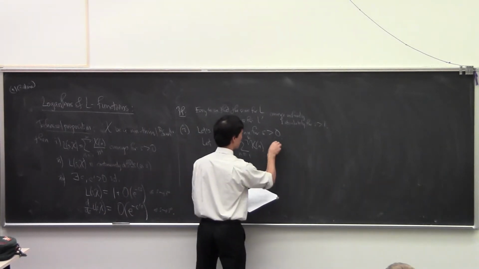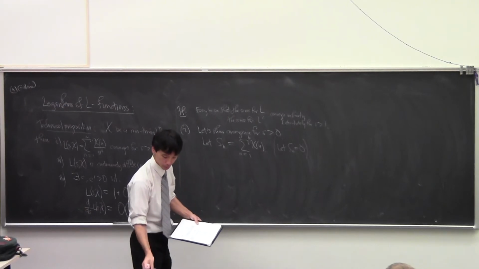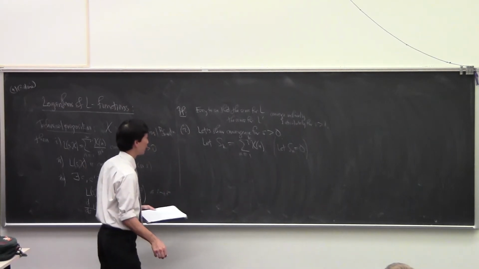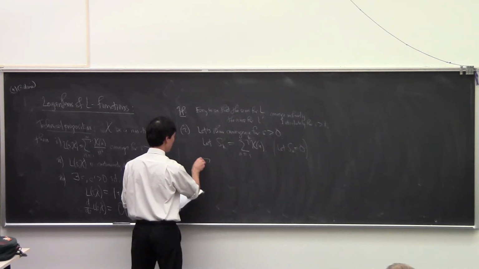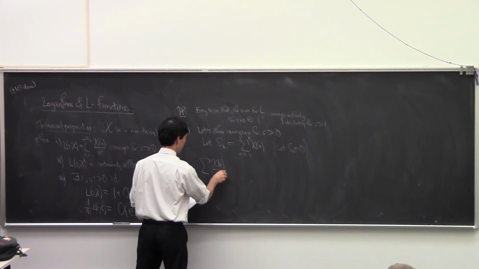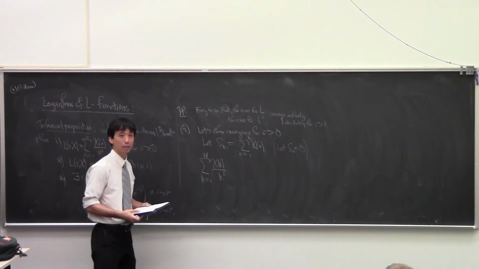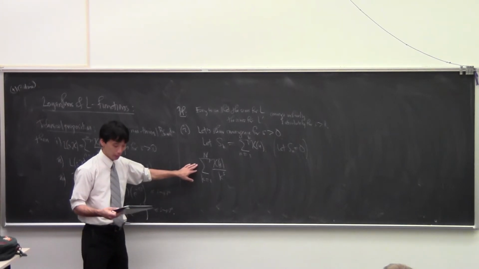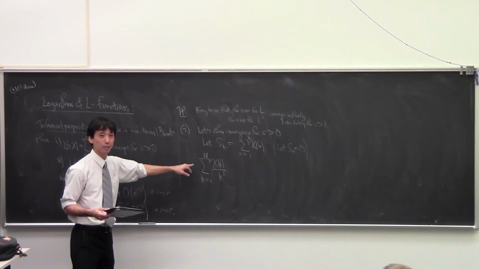Let S_0 be 0 for convenience. Then we do something pretty straightforward. We're going to rewrite this thing as another series that converges absolutely and uniformly.